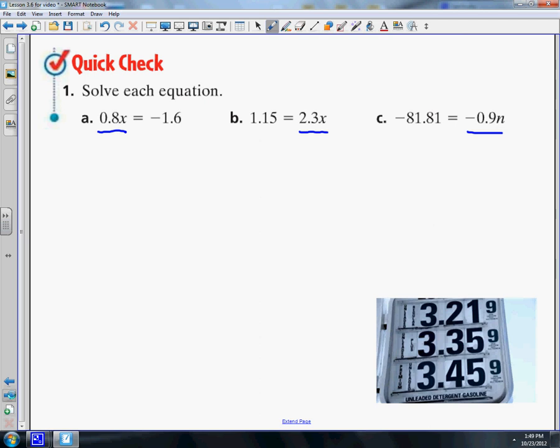What that means is 0.8 times x equals negative 1.6. So for all of these problems we're going to do the opposite of multiplication. I'm going to divide both sides by 0.8.